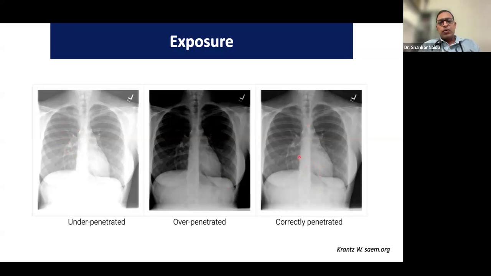You should be just about able to make out the vertebral border in the mid-thoracic cavity. It should not be as clear as seen in the overexposed film, but you should be just able to know that there are vertebrae and see the outlines of these vertebrae. Then that indicates that it is a correctly exposed film.